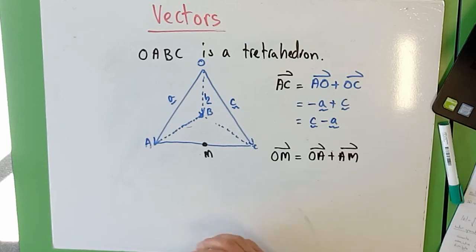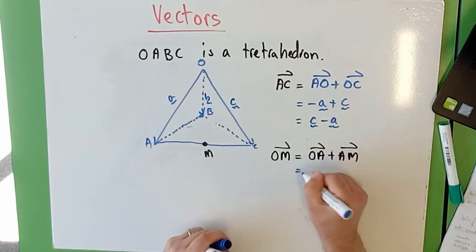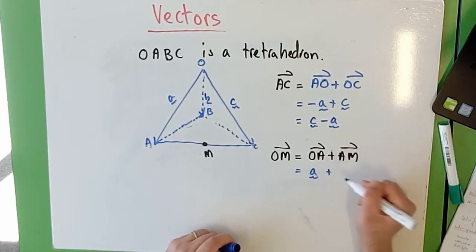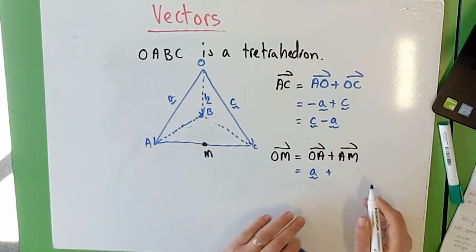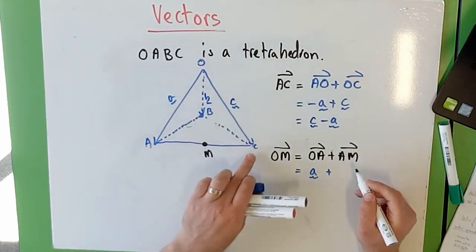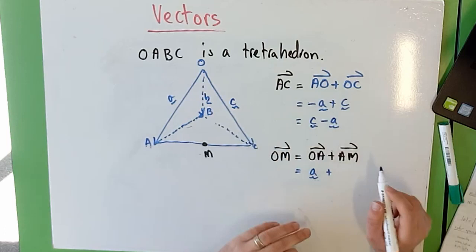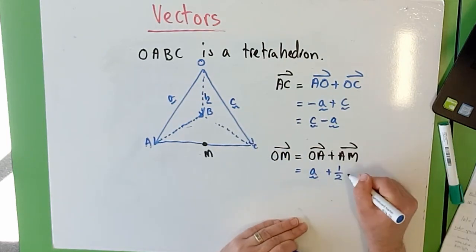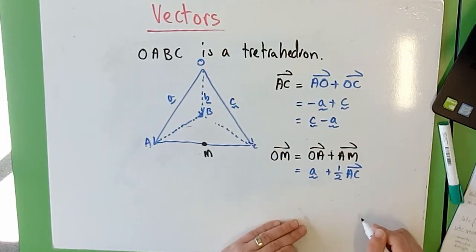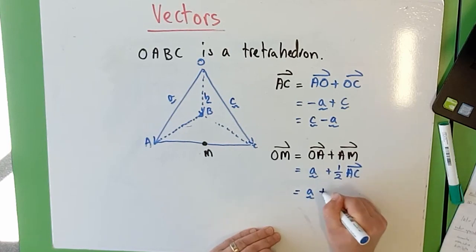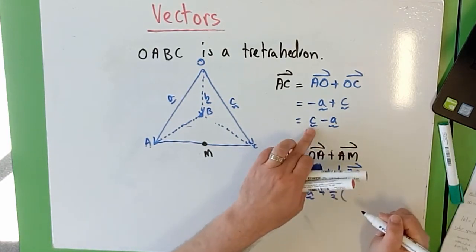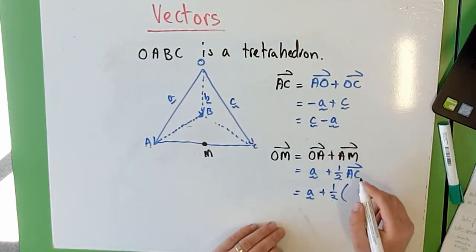Now I'm going to change notations because I know O to A is just a. And then A to M, well, that's halfway A to C. We just found A to C up here. So half of A to C. So I've got a plus 1/2 of (c minus a).